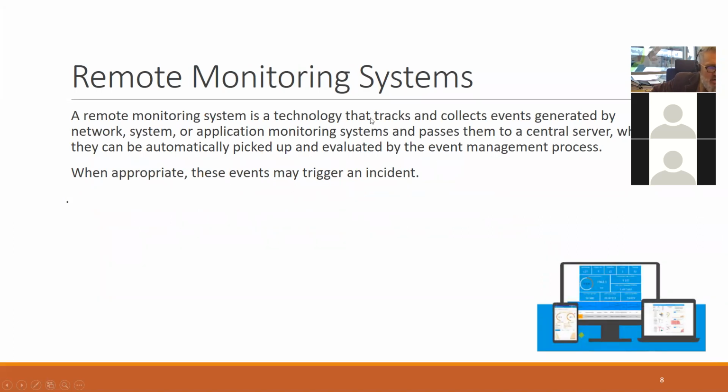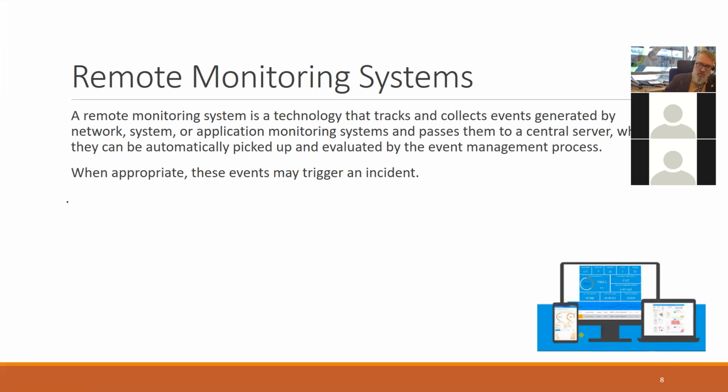Now, this other point here is a separate idea. We had the remote control systems. This is the remote monitoring system. The idea there is that you can run software on your server and on the clients throughout the network, including even equipment that you don't necessarily think of as running software all the time, like your servers and your switches.